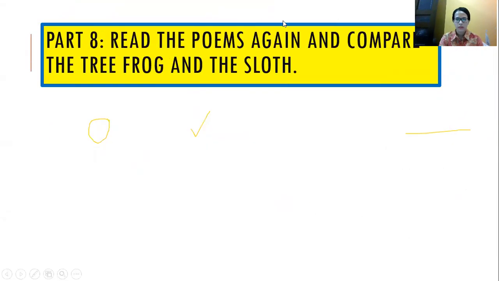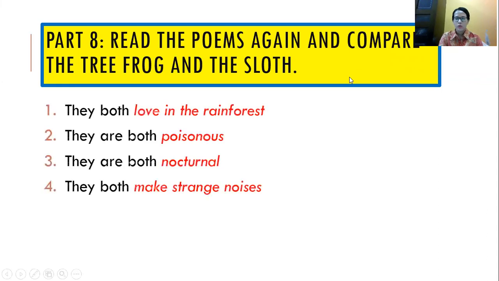Next, the last part. You will have to predict or compare information from both poems by checking whether the sentences are true or false. Both poems, Sloth and Mr. Tree Frog, both live in the rainforest.